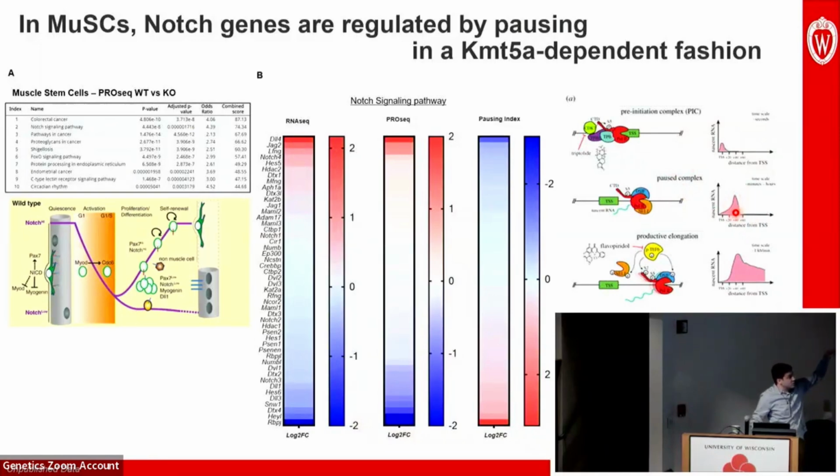That pause can either go toward release and successful transcription with elongation and termination of the transcript, which is what you see here, or it can be stalled and the complex just comes off and the gene is not expressed, right? And so we correlated here the fact that when those genes have a lower expression, they also have a higher pausing index, suggesting that for most of those genes, pausing is a way to regulate Notch in a KMT5A dependent fashion.